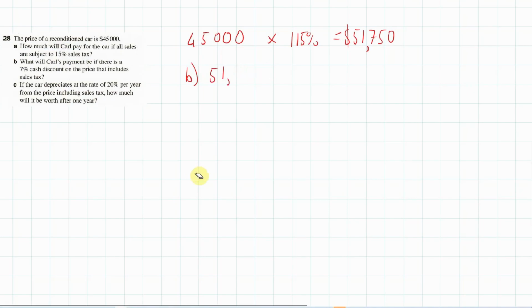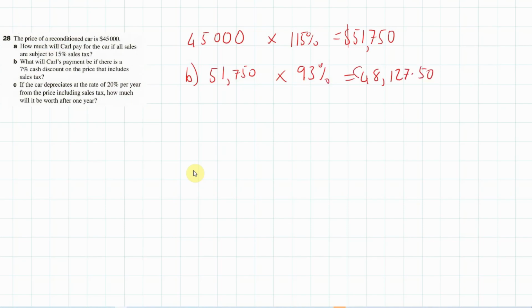So that means that the price is now not quite as expensive. He gets 7% off. So we're going to times it by, what's 100 take away 7? So it's 93%. So let's go ahead and times that by 0.93 or 93%. And now it is $48,127.50. Good on you, Carl.